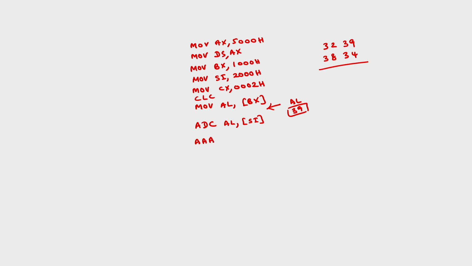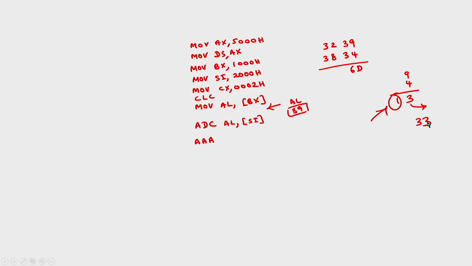As I have told, after this what will be the contents of this AL register? This will be D6. So, if I write this AAA instruction, what is the correct ASCII? 9 plus 4 is in fact 13, 1 is carry flag. So, these 3 ASCII character will be 33.